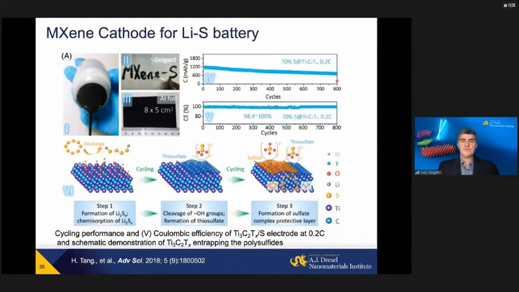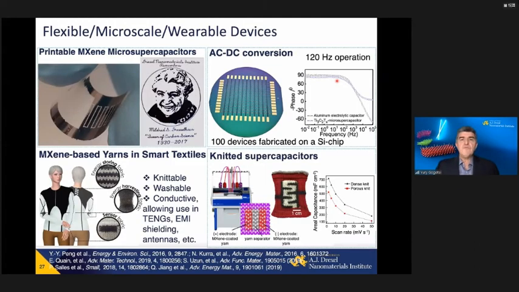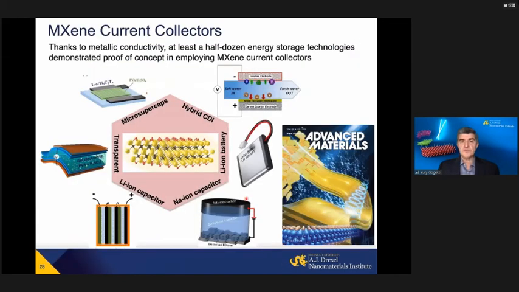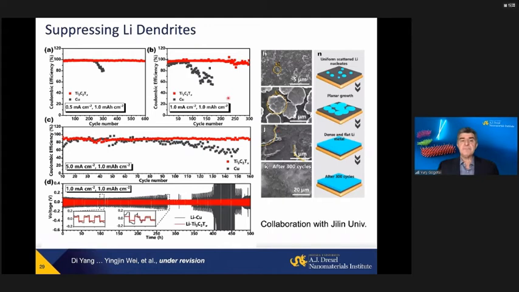But what is also important, whenever we have new materials, we need to think where they can make real impact and difference. If we talk about two-dimensional materials and nanomaterials, naturally those are flexible devices, printable devices on a chip, or wearable devices. This is where you need to consider those materials. And if you talk about transparent conducting films to replace ITO, as a current collector, or a battery electrode, you can also think about extra benefits, for example, suppression of lithium dendrites.